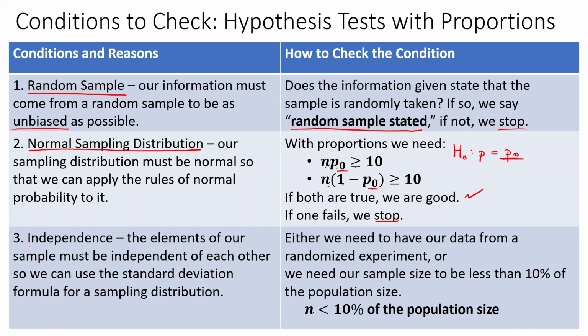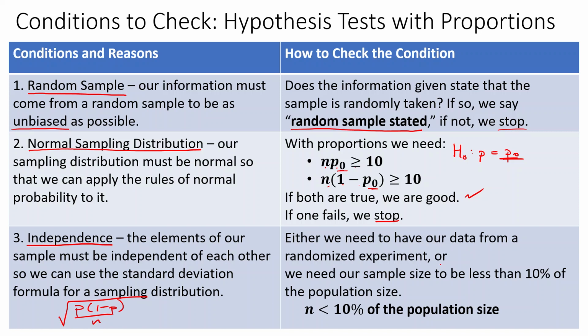All right. Our third condition that we're going to check is independence. The elements of our sample must be independent of each other so that we can use the standard deviation formula that comes along with a sampling distribution. Remember this standard deviation formula: the square root of p times 1 minus p over n. We can only use that if it comes from an independent sample.